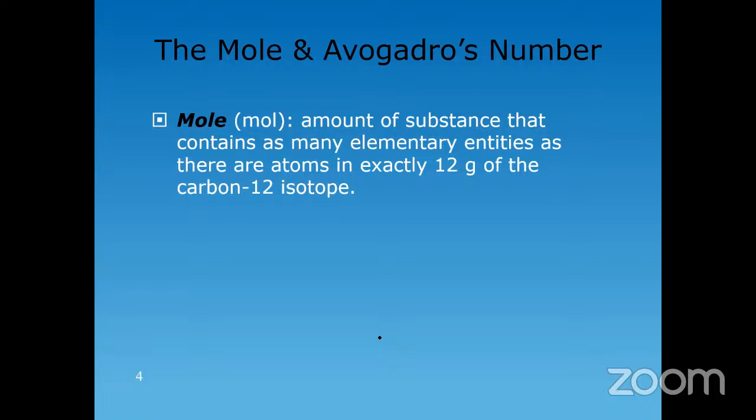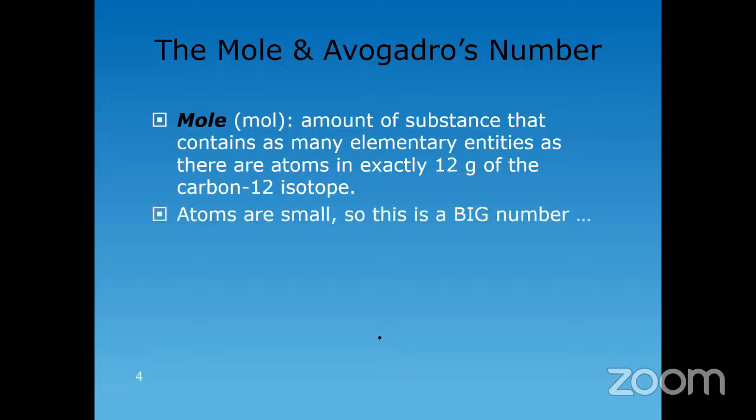So basically, the mole represents the amount of substance that contains as many elementary entities as there are atoms in exactly 12 grams of the carbon-12 isotope. So that's basically what is used as a standard for defining the mole, the number of particles, or I should say specifically the number of carbon atoms present in exactly 12 grams of a carbon-12 isotope, right?